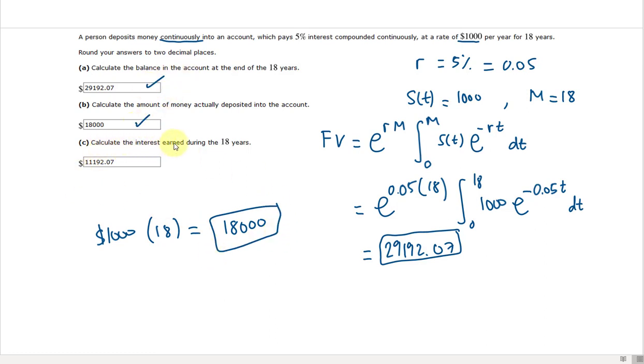Calculate the interest earned during the 18 years. Okay, so in the whole 18 years we only make 18,000 in deposits, but after all the interest earned, we got at the end this much. So the difference between them is the amount of interest that you earn. Okay, so we take 29,192.07 minus 18,000.